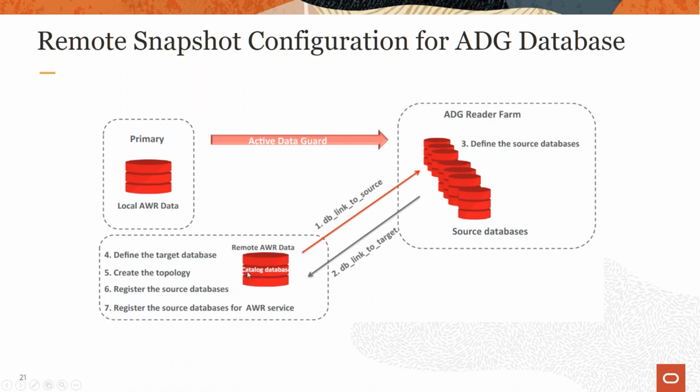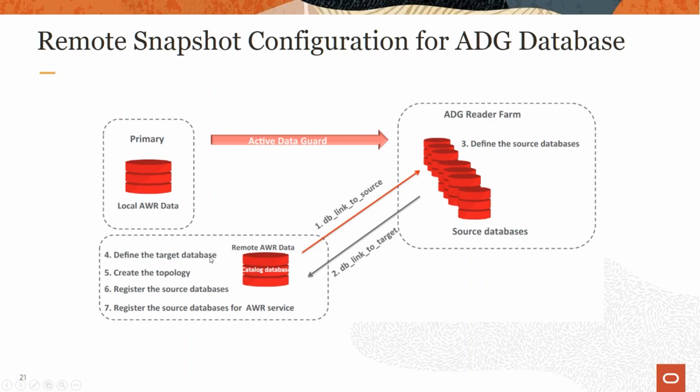In our case, this catalog is created in the primary database, so the primary database becomes the AWR catalog database. When you create the database link here, the database link will be propagated to the standby database, so the standby database can communicate with the catalog, which is the primary database. In our practice activity, I created this catalog in the primary database, and I also created a database link in the primary database to let the standby database use it.